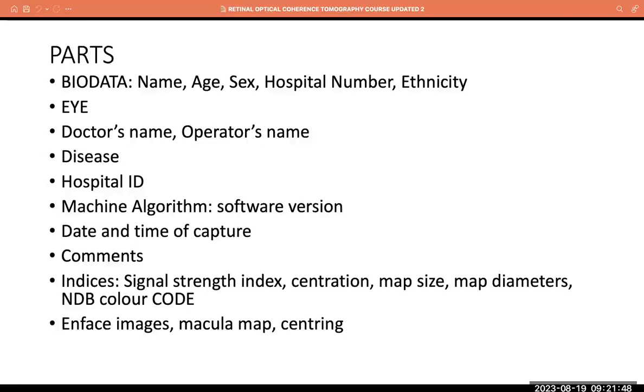If you get the CVF, you look out for the patient biodata: name, age, sex. All these are also in the OCT: the name of the patient, the age, the sex, hospital number, ethnicity. OCT makes room for the doctor's name, the operator's name, then the disease, meaning that in some instances, you're expected to have had a diagnosis or a differential diagnosis before sending the patient for an OCT.